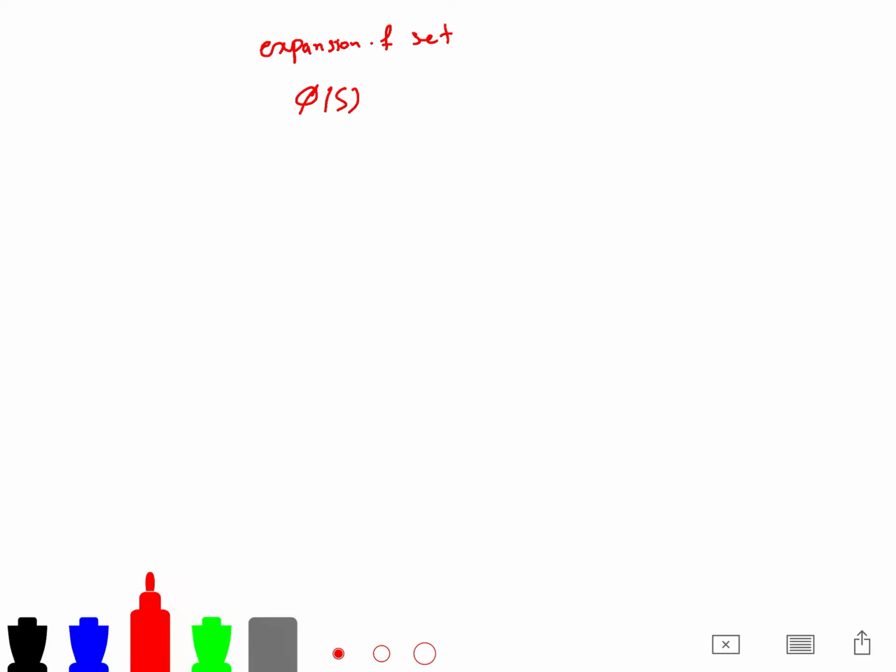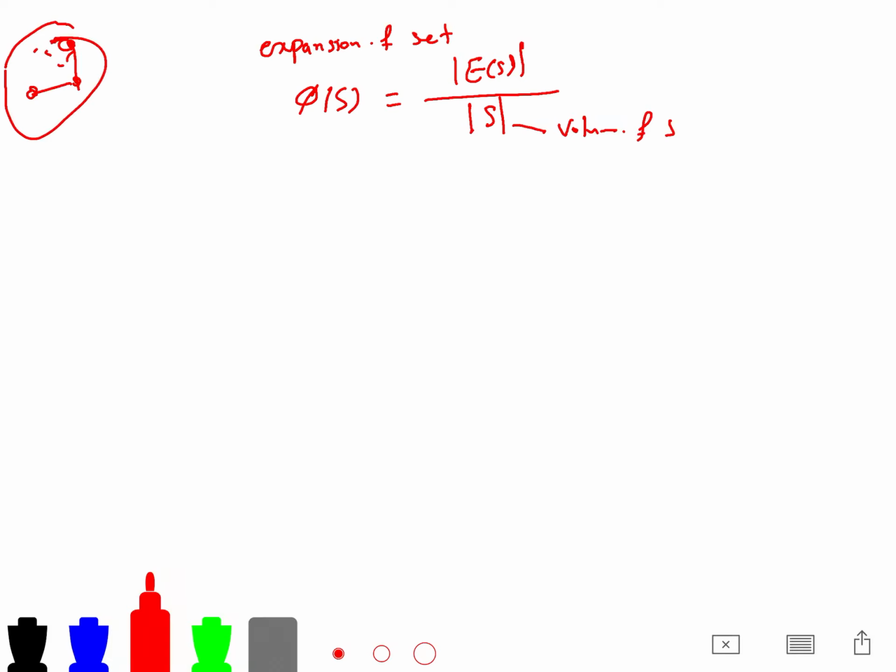So we have phi of S, which is the number of edges crossing the cut over the volume of S. If you have some nodes, and this is S, and you have some other nodes in your graph, and these are related to each other, but they're also related to this, for example, using these two blue edges.